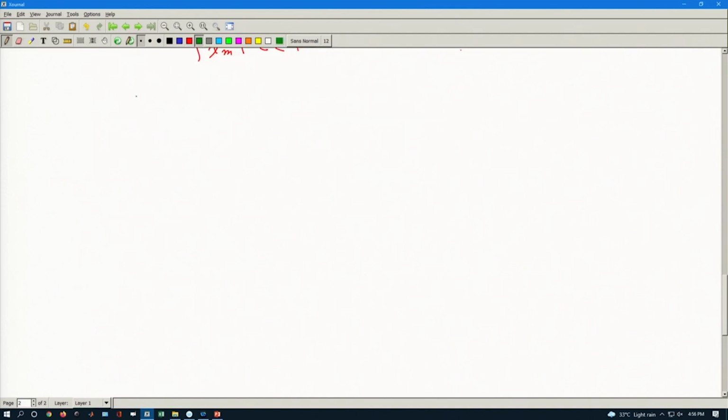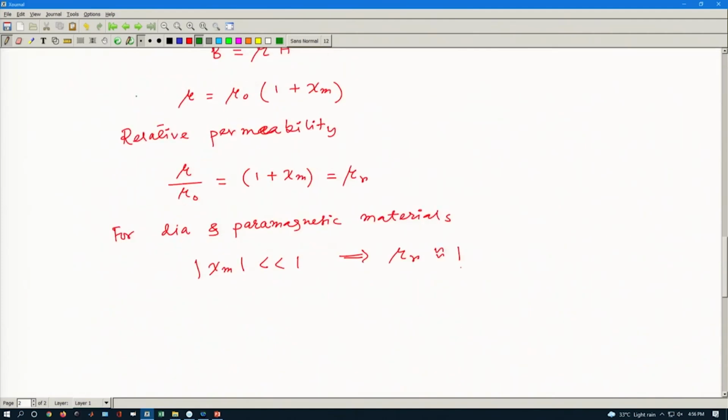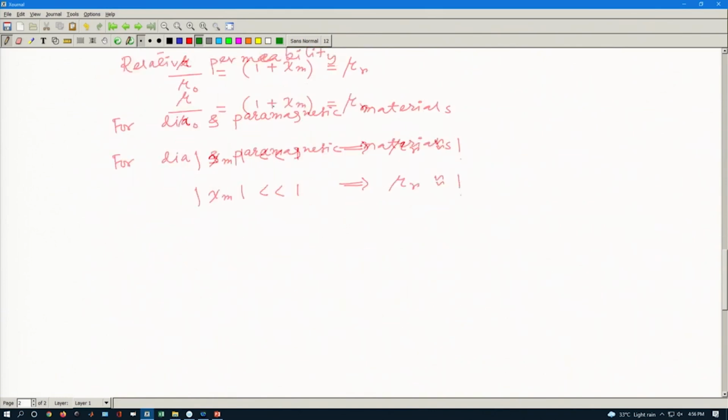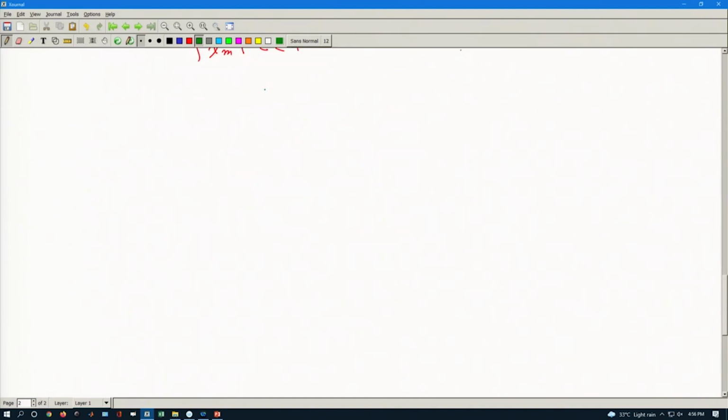Also the response is linear. If chi m is small, mu can be replaced simply by mu 0, which is a constant, and B and H possess a linear relationship, but this is not the case for ferromagnetic material.